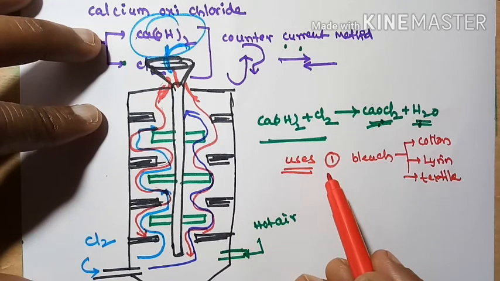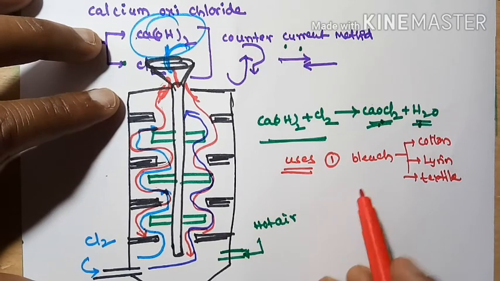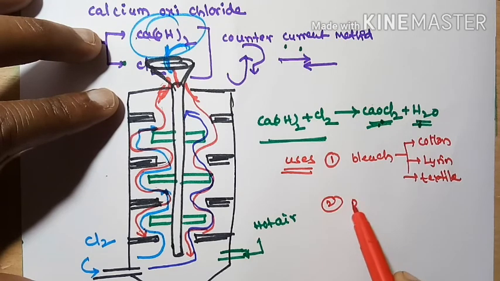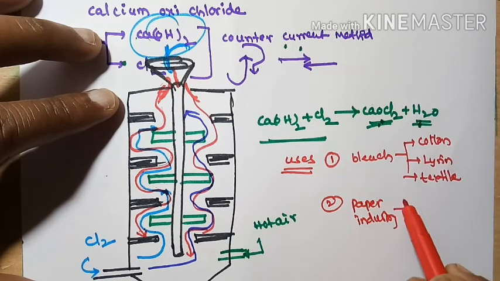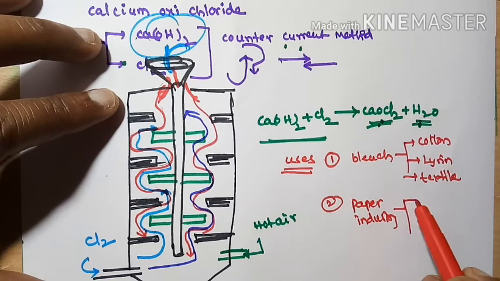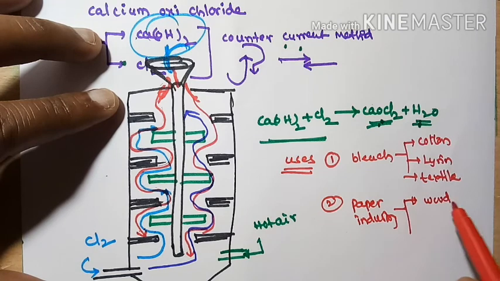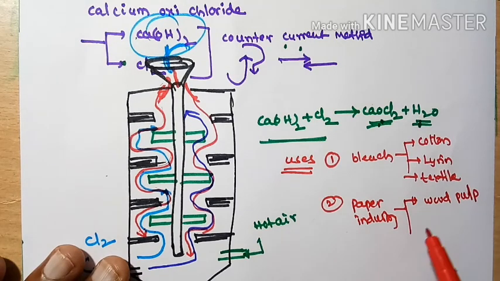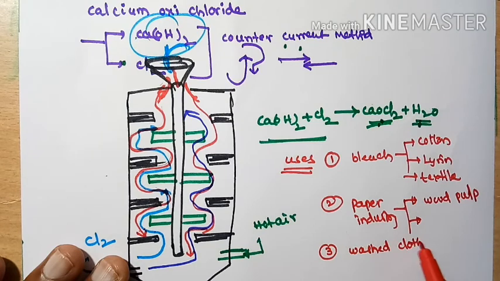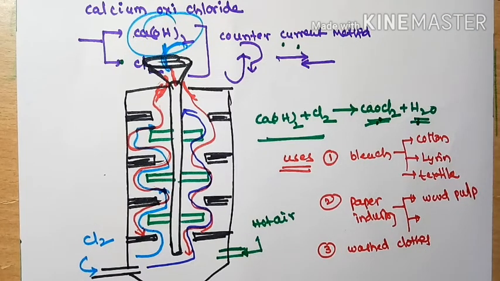Second, bleaching powder is used in the paper industry to bleach wood pulp. It is also used for bleaching washed clothes in laundries.